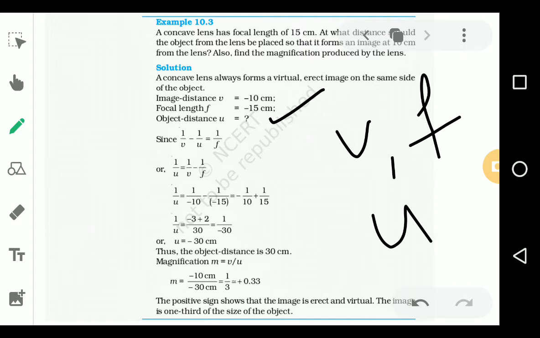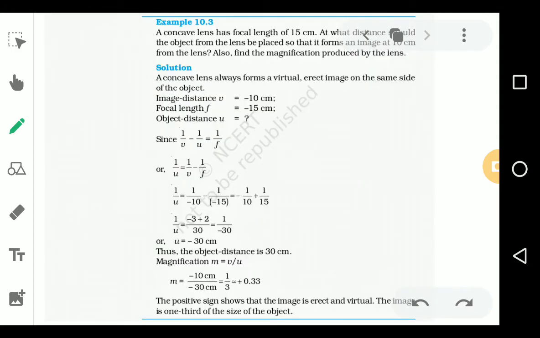So put the lens formula. What is your lens formula? The lens formula is 1 by v minus 1 by u equals 1 by f. You need to find 1 by u, so keep minus 1 by u on one side and take the rest to the right hand side.